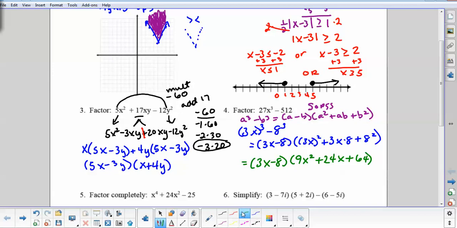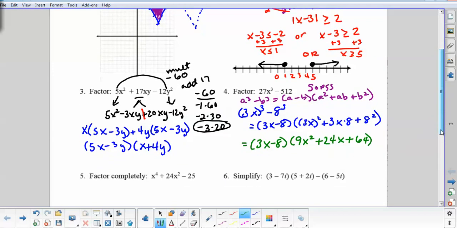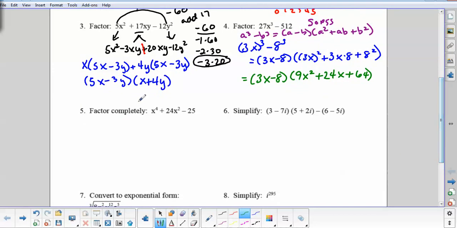Alright, we have another factoring problem next. This is one that we say is quadratic in form, meaning that you can factor it like a quadratic equation even though it's actually a quartic equation. So I'm still looking for numbers that multiply to -25 and add to 24. But because your lead coefficient is 1, once you find those numbers, you can just put them right into your factors.